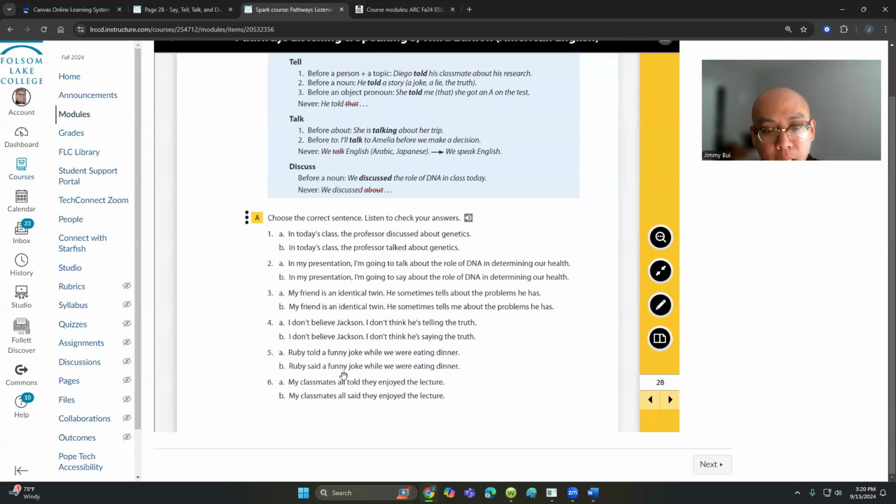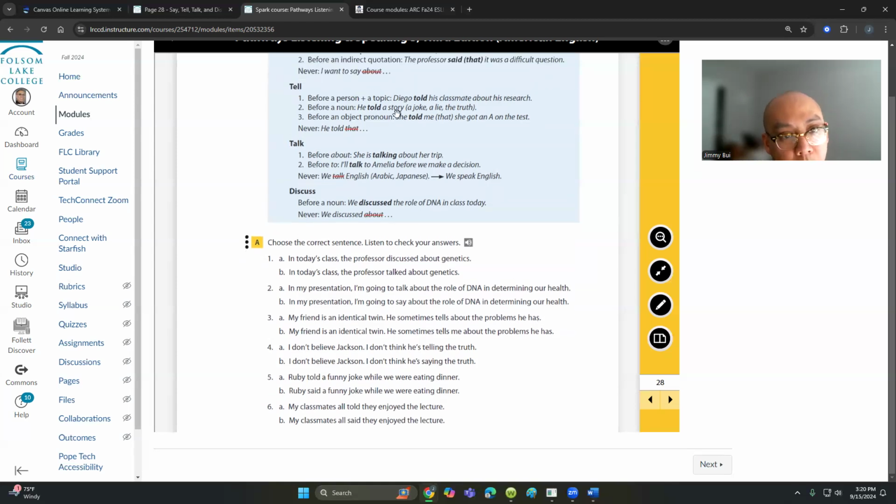Number five: Ruby told a funny joke while we were eating dinner. Ruby said a funny joke while we were eating dinner. So we have told and said. A shows that it is a noun, with an article: said a funny joke, told a funny joke. In this case, I want to say both are going to be correct. Let's double check.